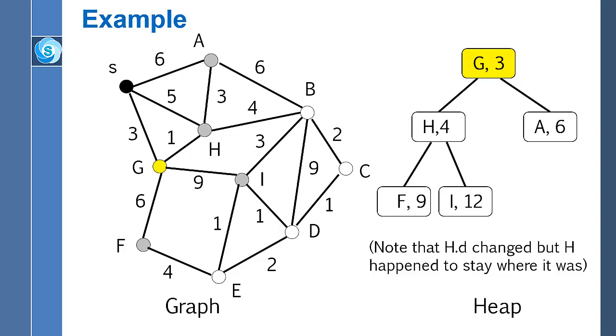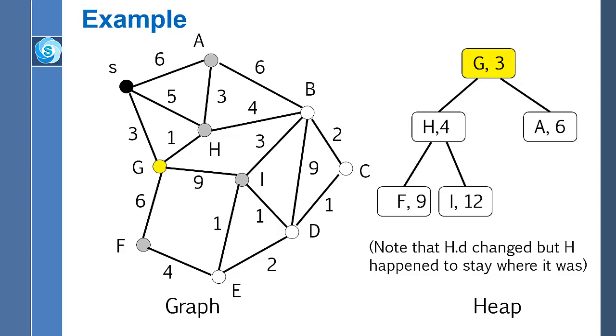What else happens? Well, now this is important, right? We're currently visiting G, and G has 2 additional neighbors, S and H. Well, what about S? S was already processed. We can ignore S. It's been processed.